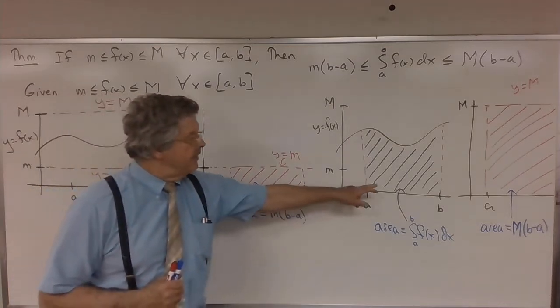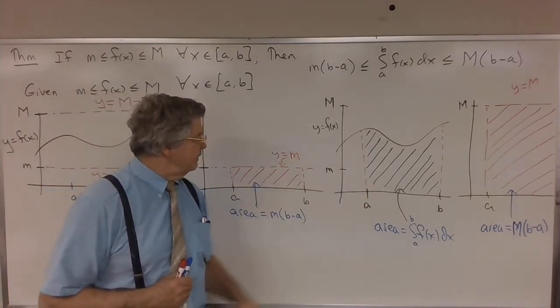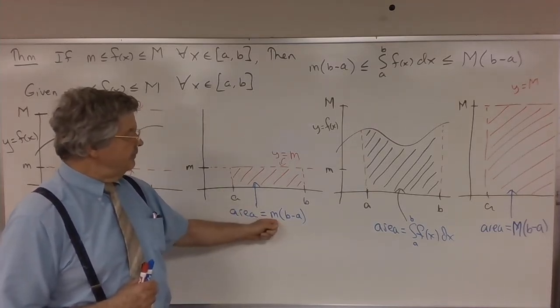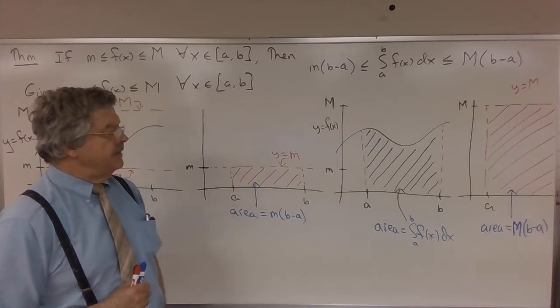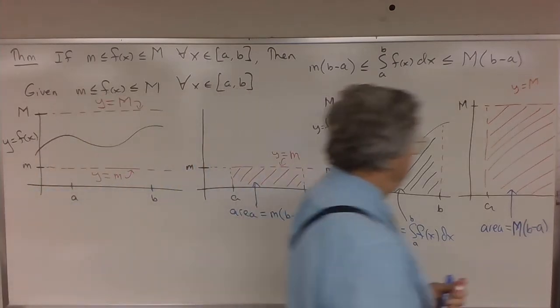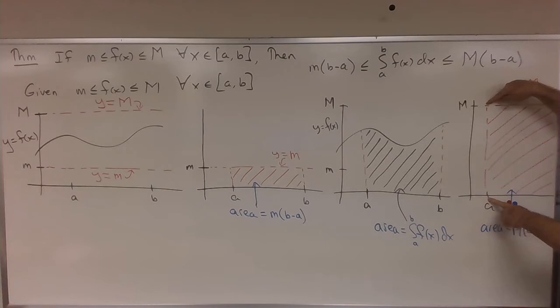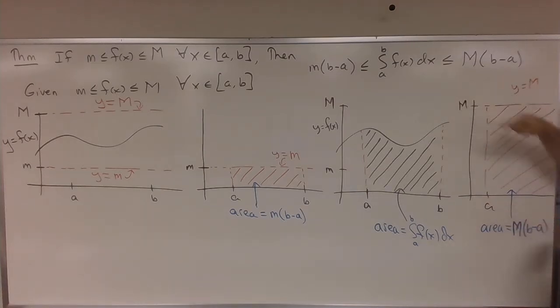Notice that the area of the definite integral is definitely greater than the area of this rectangle, which is just little m times b minus a. And the area of this big rectangle is capital M times b minus a, because the height of this rectangle is capital M and the length of this rectangle is just b minus a.